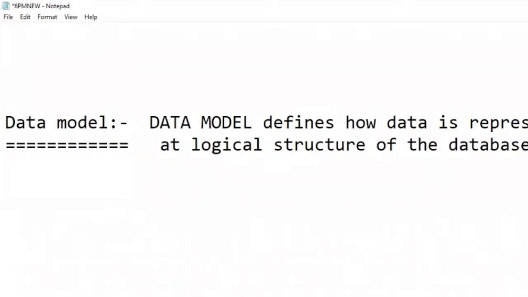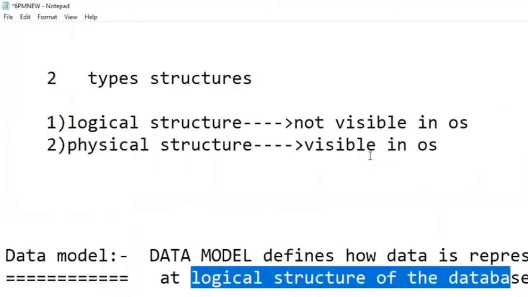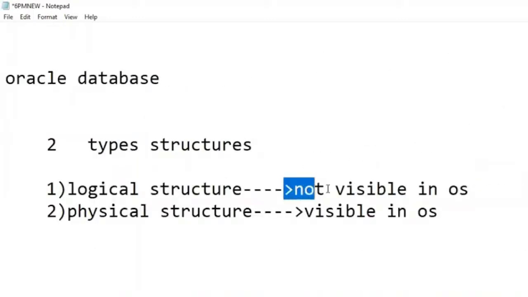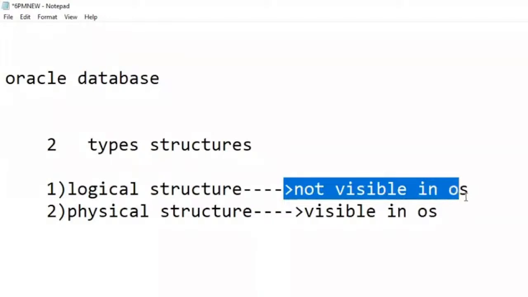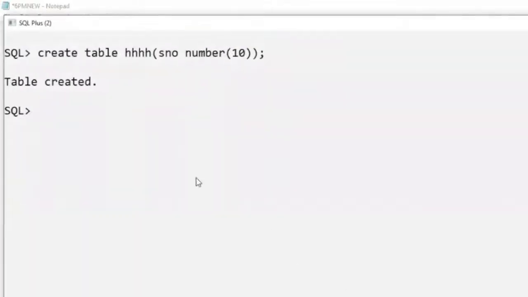And now check it out. Observe the screen here. What is a logical structure? As I told in the previous classes, a structure which is not visible in the operating system is called a logical structure. Even if you create a table, it is not visible in the operating system, but that structure is visible in the database. Very good. Now in this database, how data is represented is specified in the format of records, but these collections of records are in matrix format.